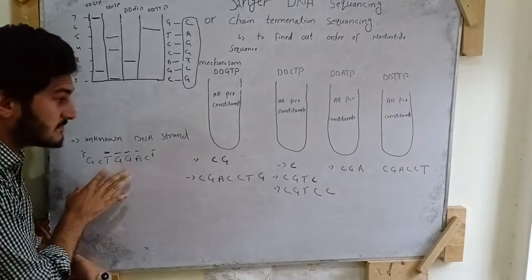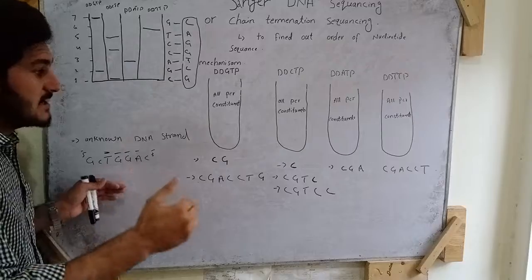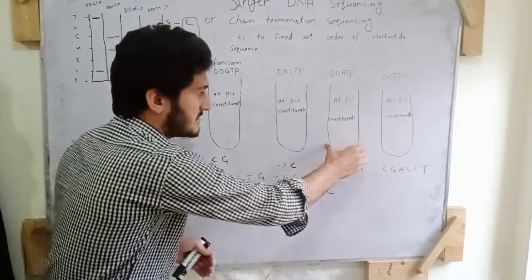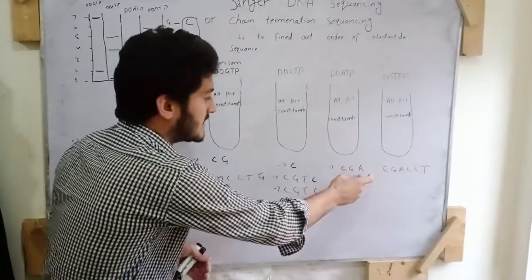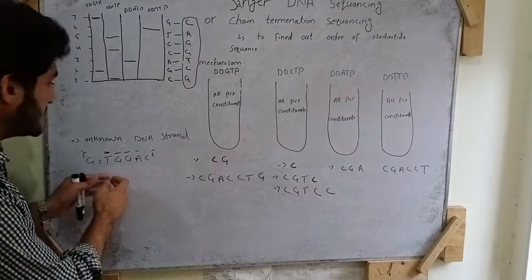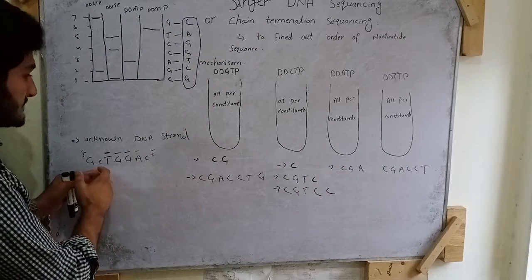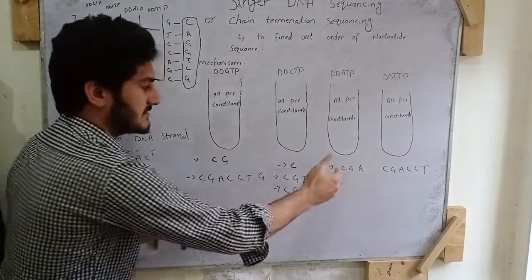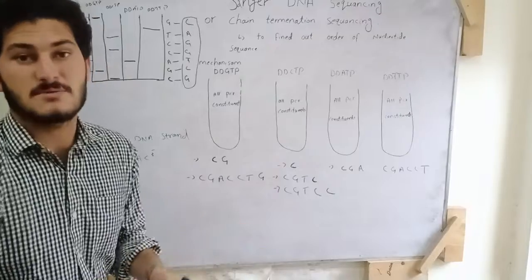So when the amplification of this strand starts in this third tube, the A and T attach and this chain will be terminated.